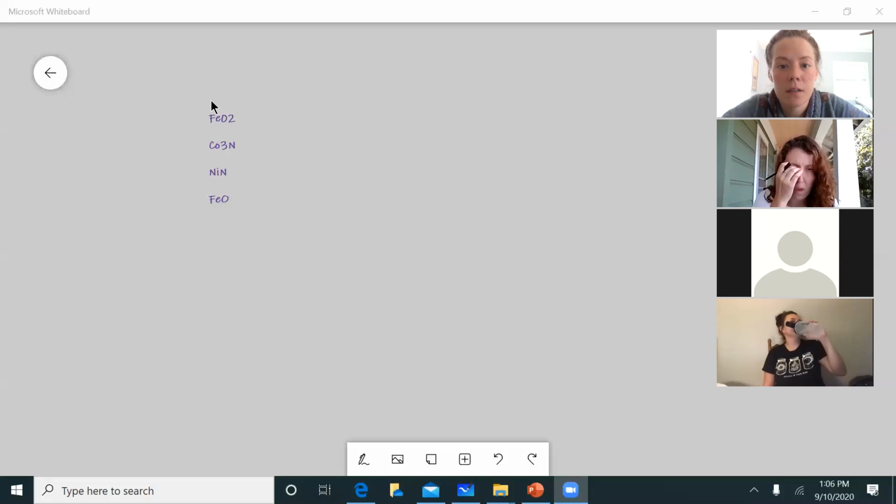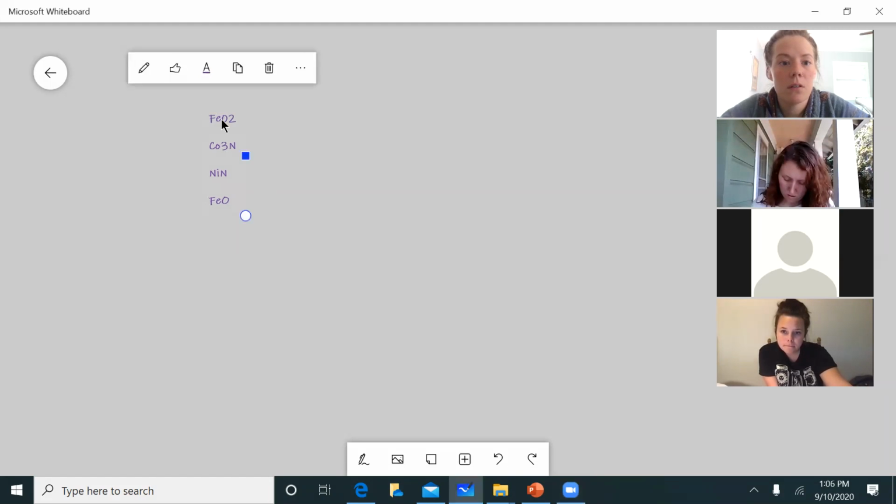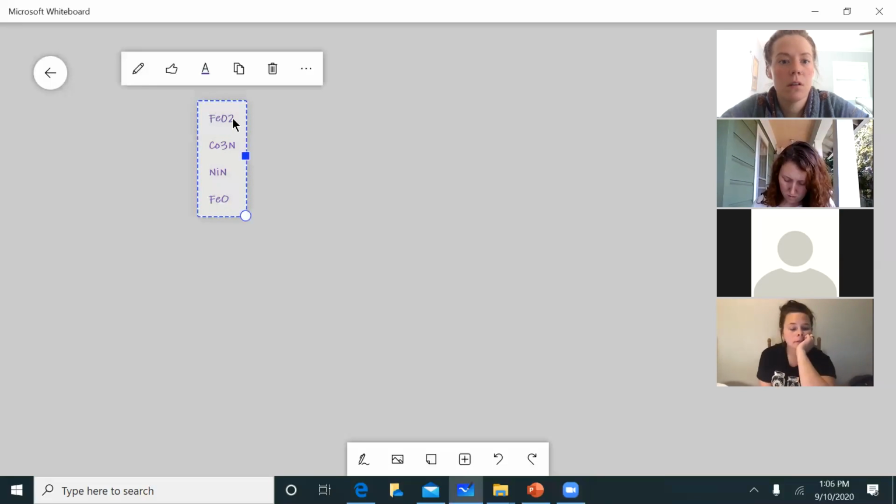If you hit the Windows key and the period key, you can get access to superscript and subscript characters along with a bunch of other symbols. Oh, cool. Try that out. Oh, don't hit the plus key. Okay, so hit the Windows key and the period key.